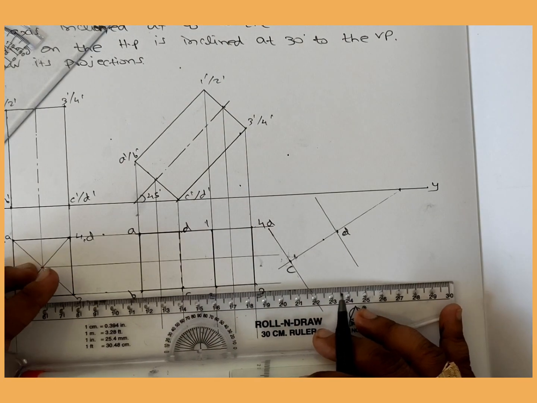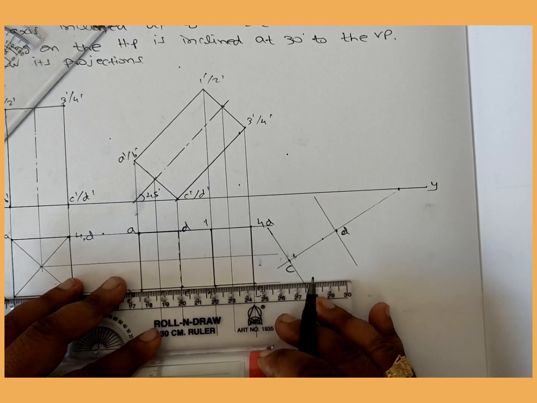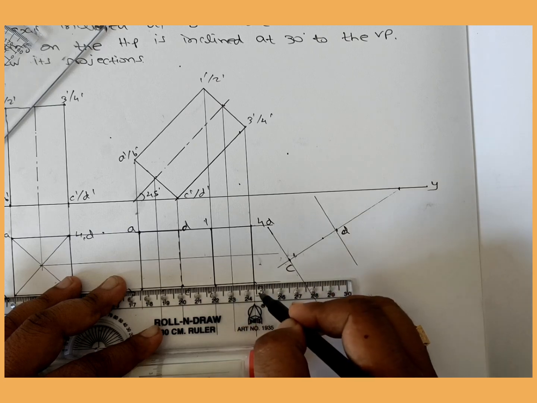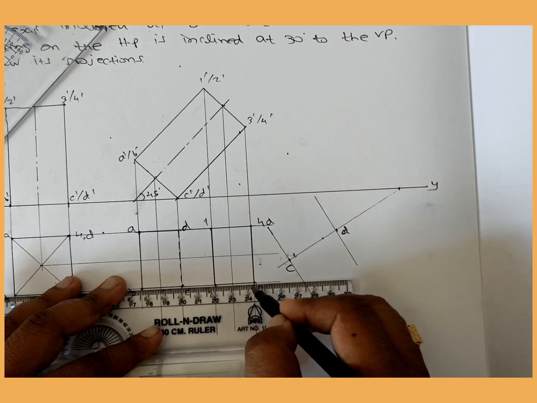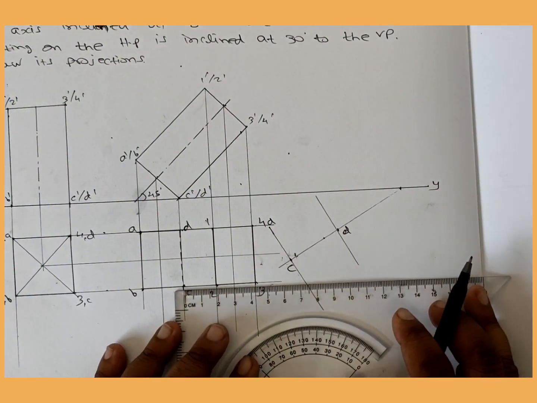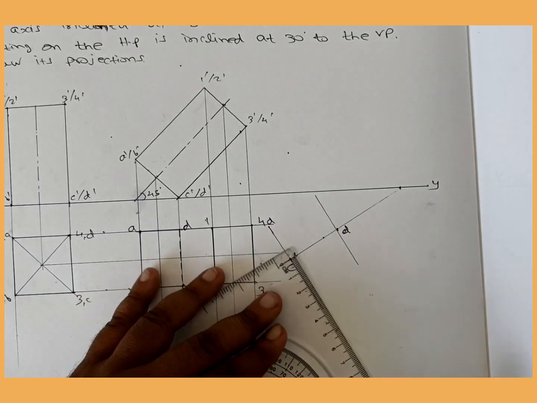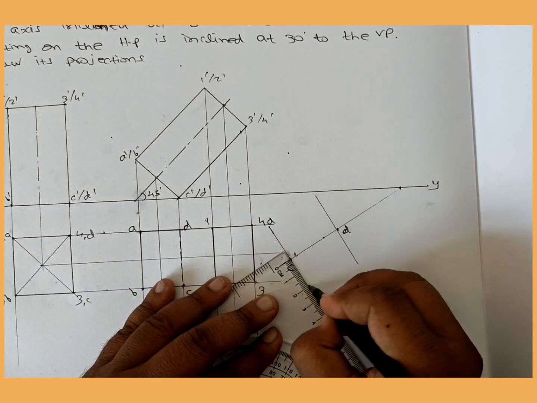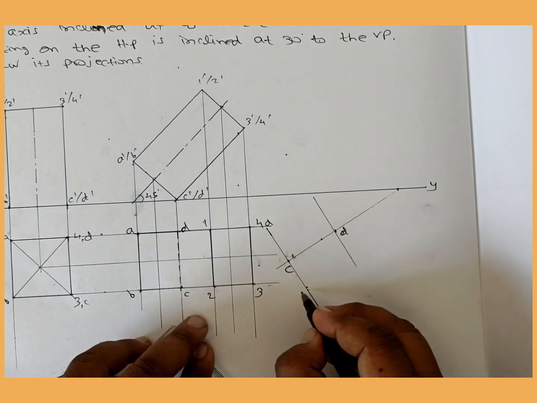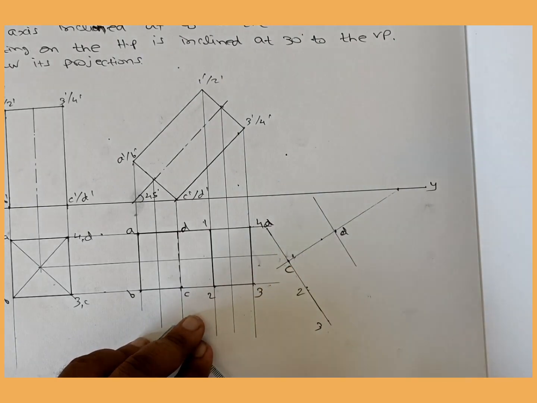So here we can measure from C 20 and, here we can see, 20 and 44. So from this point 20 and 44. So this is 2 and this is 3 and this is A.